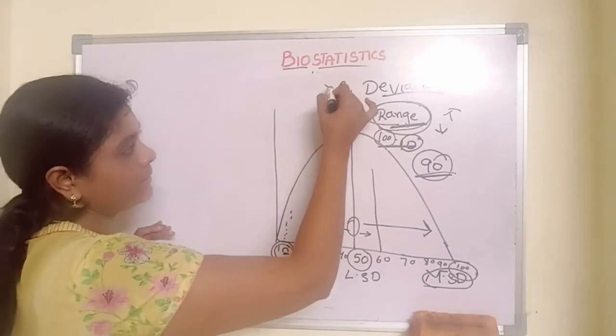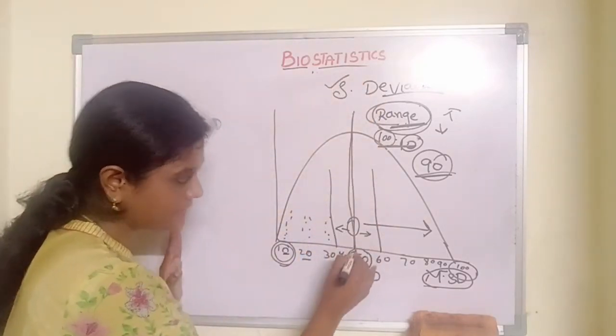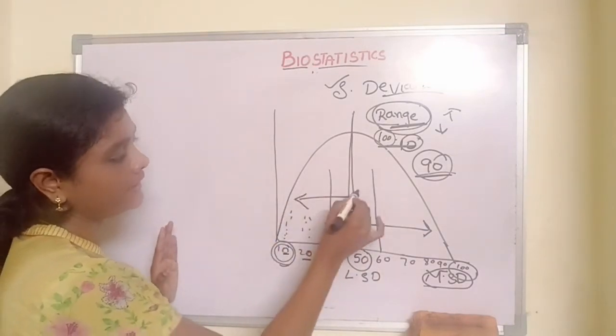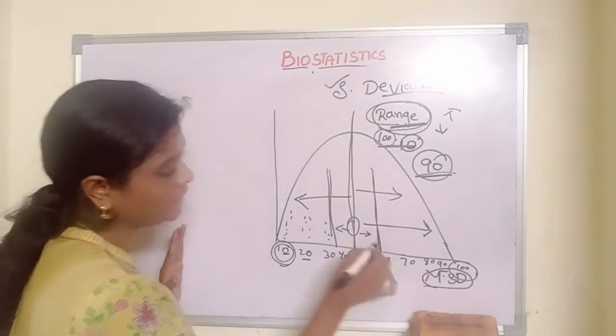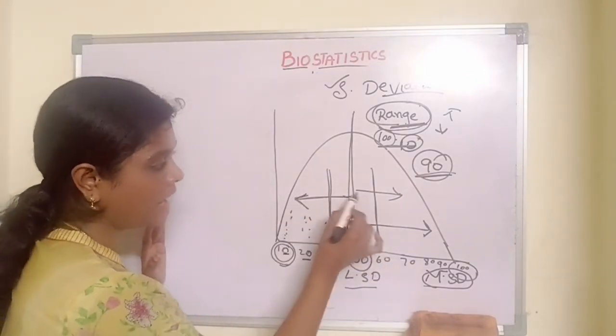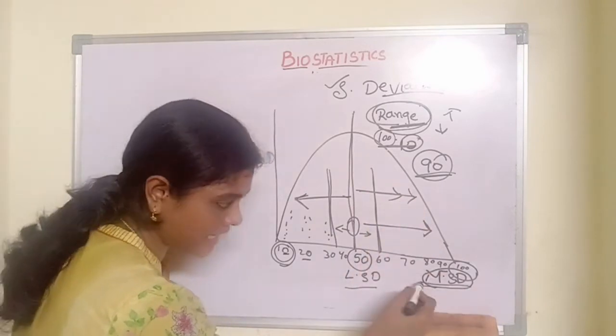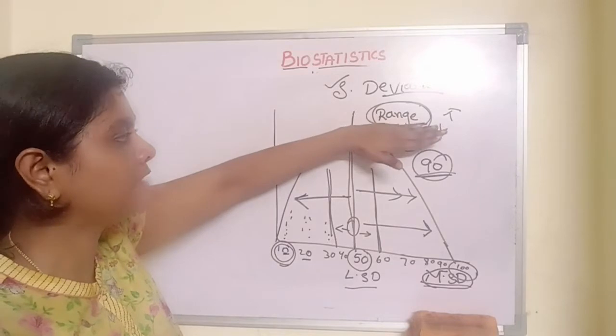And we have learned about the deviations. So we know about the central tendency and how much it is deviating. If the sample data is deviating only a limited amount, it is less standard deviation. If it is deviating away from the center, it is more standard deviation. How much they can deviate is given by the range.